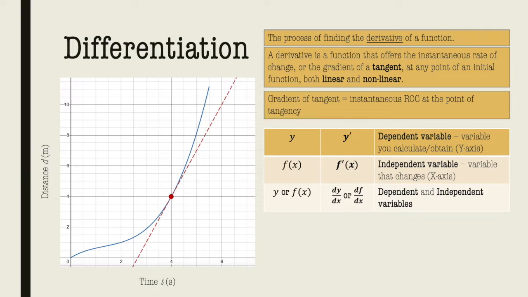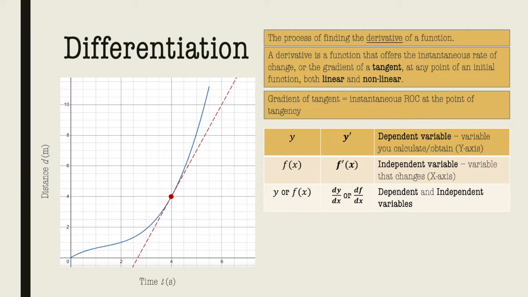Next, assume we have a function f of x equals whatever, such as f of x equals x squared plus 3x. The notation for its derivative is f prime of x, again with an apostrophe, and this tells us the name of the function as well as the independent variable.